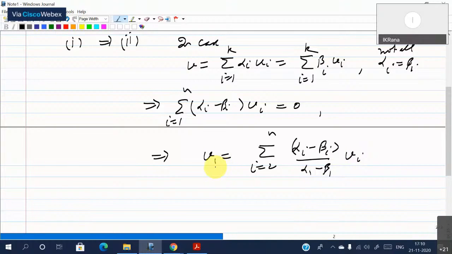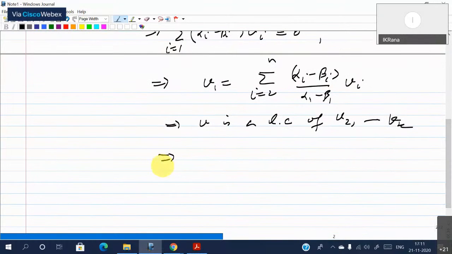So that means V1 is a linear combination of V2, Vk, and that implies that B is not minimal, because I can drop V1 and then the remaining will be good enough, because V1 is a linear combination of the others, so it's not minimal. So contradicting one.